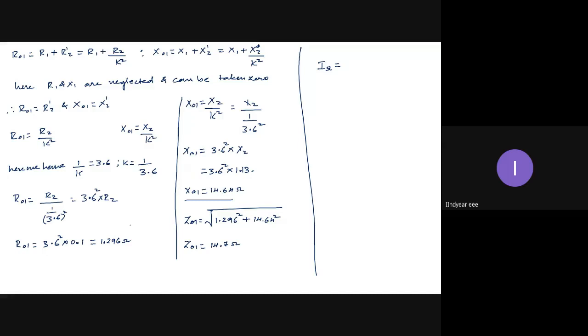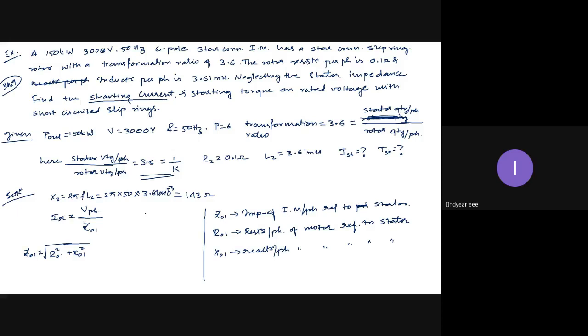So what is VPH? Remember, it is a star connected induction motor. It means that the stator winding is star connected. Therefore, VPH is 3000 volts divided by root 3, which is 1732 volts.